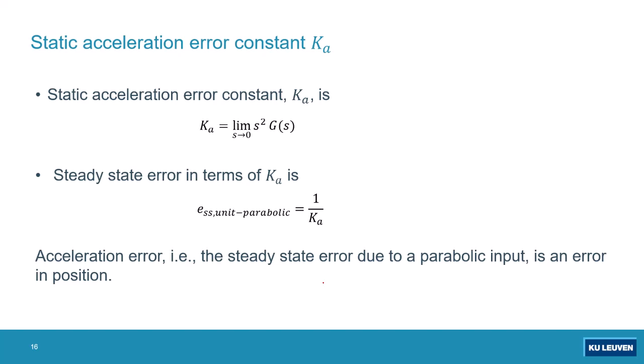Now I will define a new variable, the so-called static acceleration error constant, or Ka. If I define that Ka is equal to limit s to 0 of s squared times G(s), referring to the steady state error that we discussed already in the previous slide, we can redefine the steady state error because of unit parabolic input to be equal to 1 over Ka, where Ka again is the static acceleration error constant.